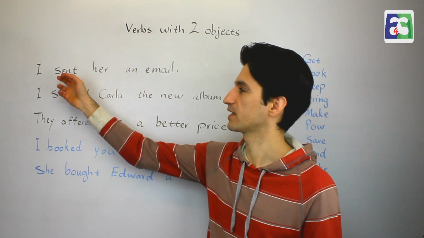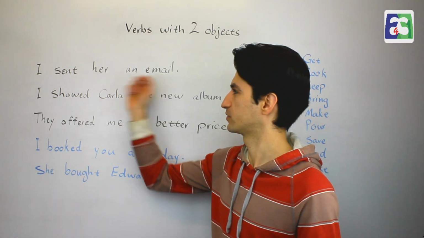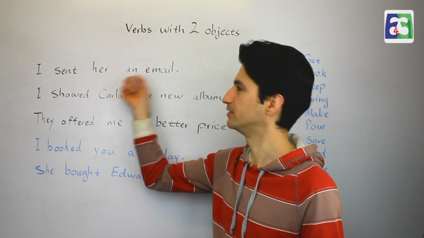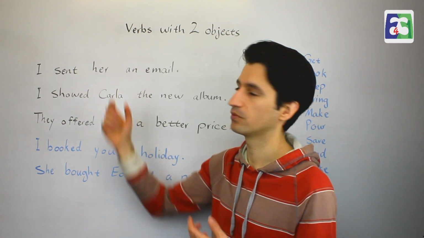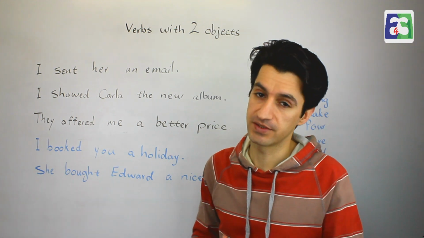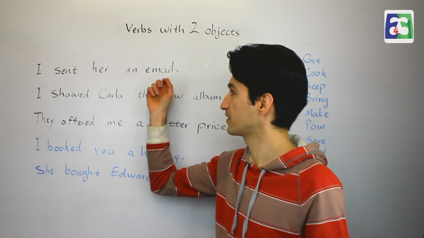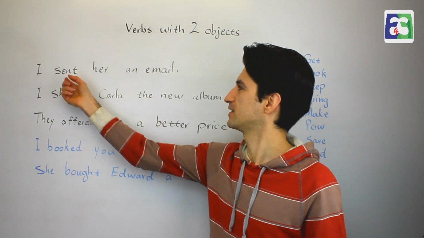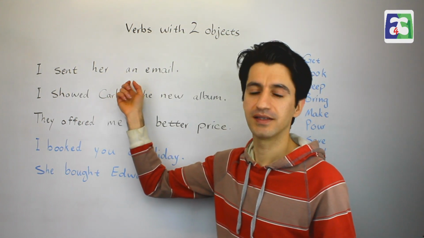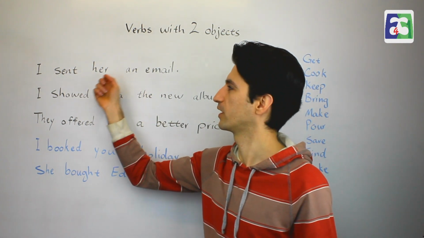Sending is this. This is what has gone from one place to another. So the action has happened on this one, and this is the one that benefits from the action or finally receives it. What is done first is sending the email, and then what comes after that is receiving by her.